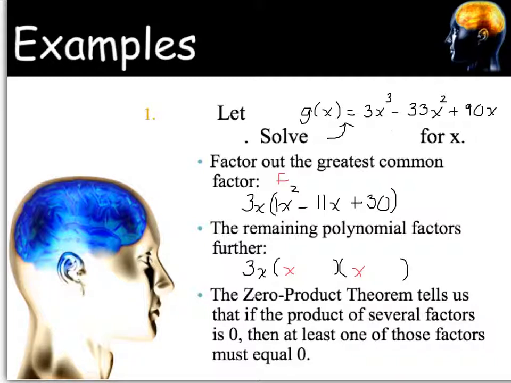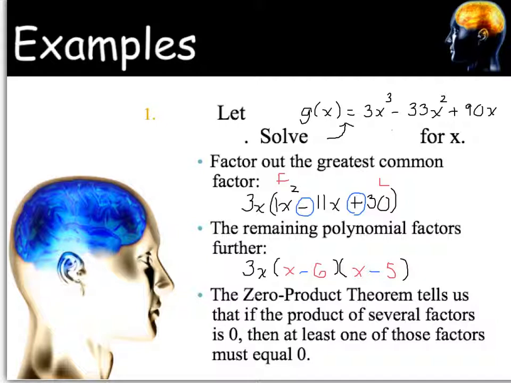I know that the sign here tells me that the signs in my binomials will be the same, and this tells me they'll both be negative. And finally, I know that last times last needs to equal 30, and in this case, they need to add up to negative 11. Well, negative 6 times negative 5 is equal to 30. So my factors must be x minus 6 and x minus 5.